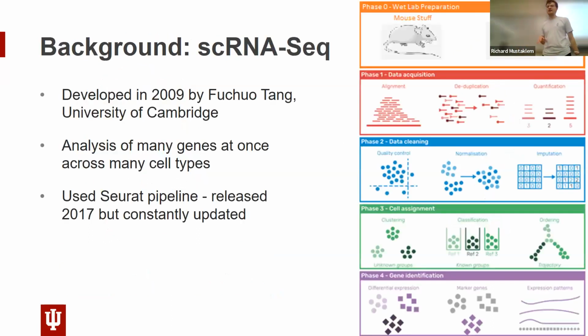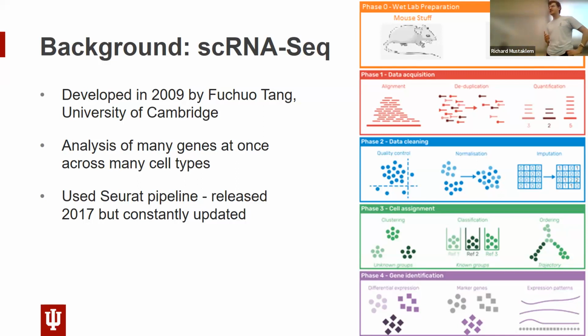Just a little bit of background. Now that we know why we do it, what is single-cell RNA sequencing? It was first developed in 2009 by Fuchou Tang at the University of Cambridge. It wasn't really that big at the time because there was a lot of criticism and skepticism.